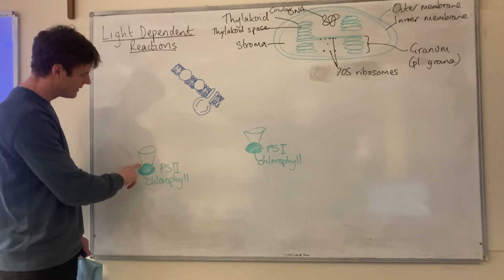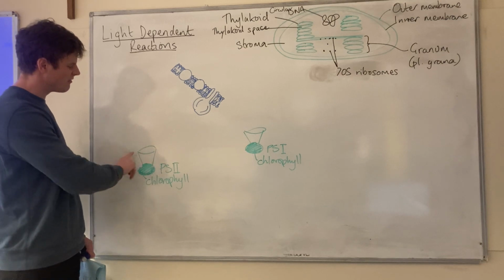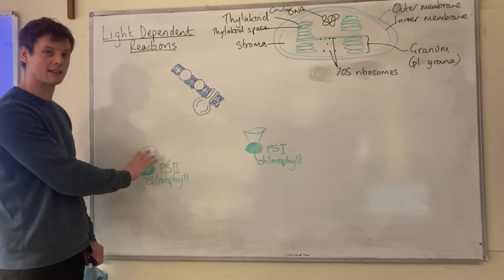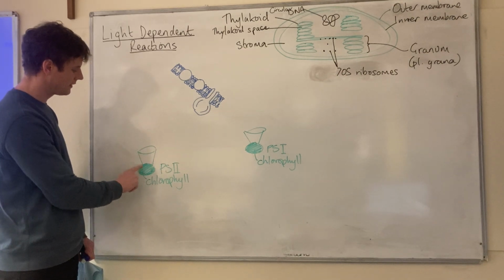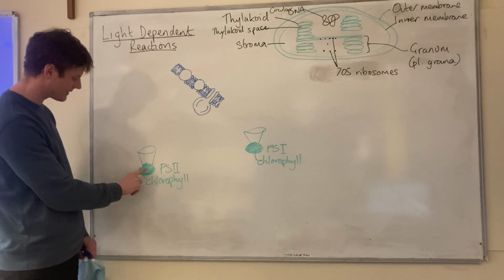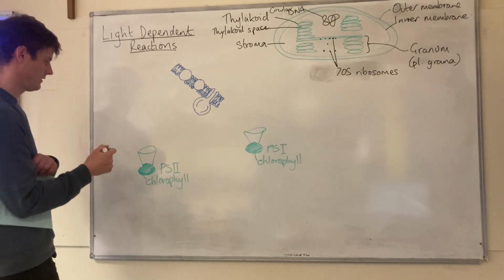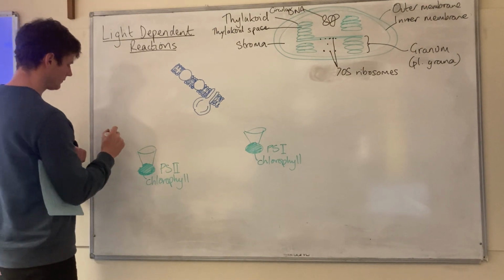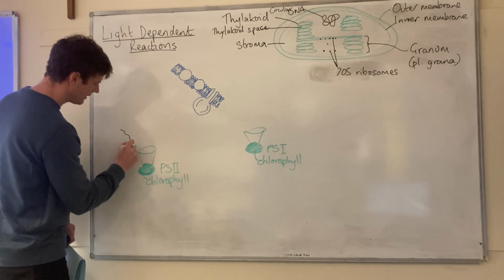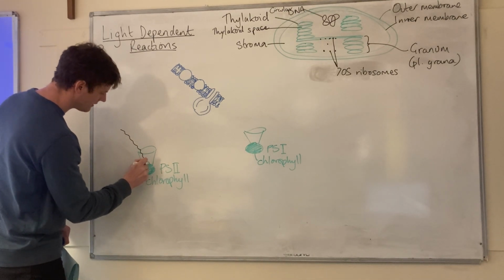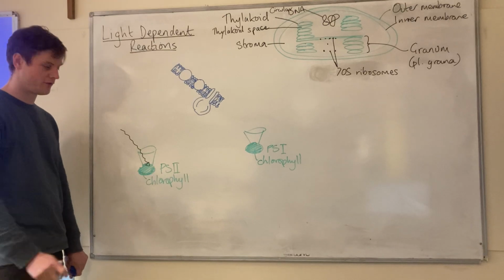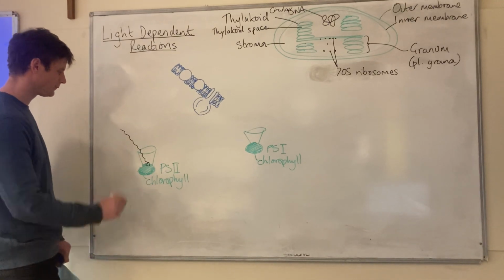It has this sort of auxiliary structure around it that acts a bit like a funnel, and its purpose is to direct light and light energy down through these structures and into the chlorophyll found in here.